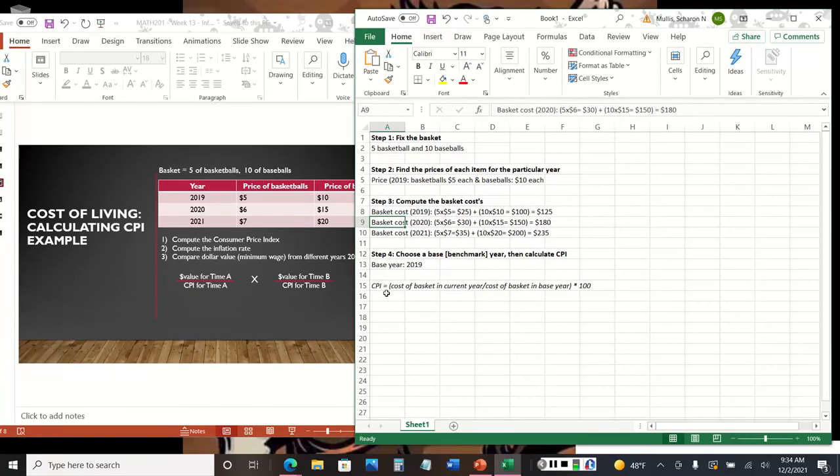So if we wanted to know the CPI for 2020, we'll do CPI, and in parentheses, 20. That's equal to the cost of the current year, which is 2020. So we'll put $180 divided by the cost of the base year, which is 125.